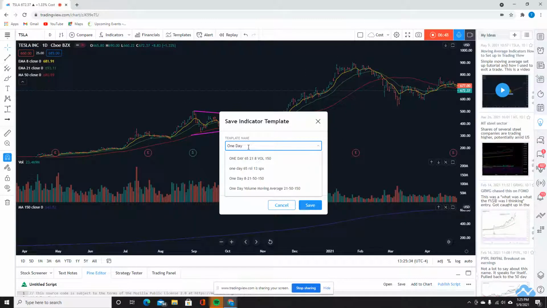And it has an 8 moving average, a 21 moving average, a 50-day moving average, and a 150-day moving average, and it has volume indicator. So that's how I choose to save that template. You can save it in any way you want and give it any name that you want.